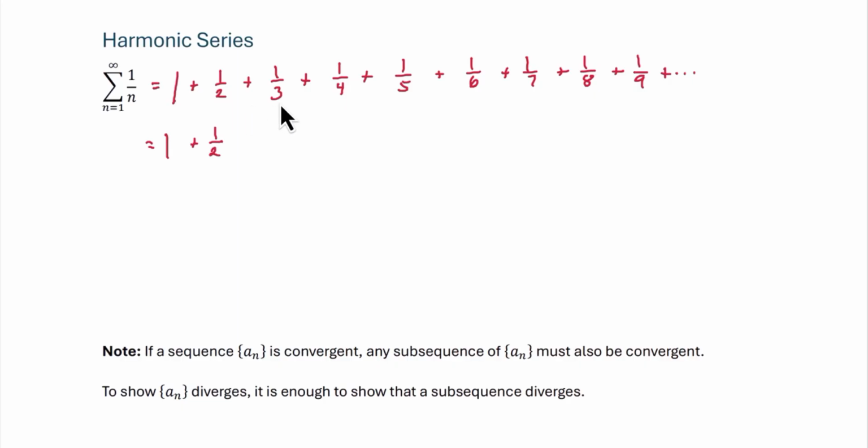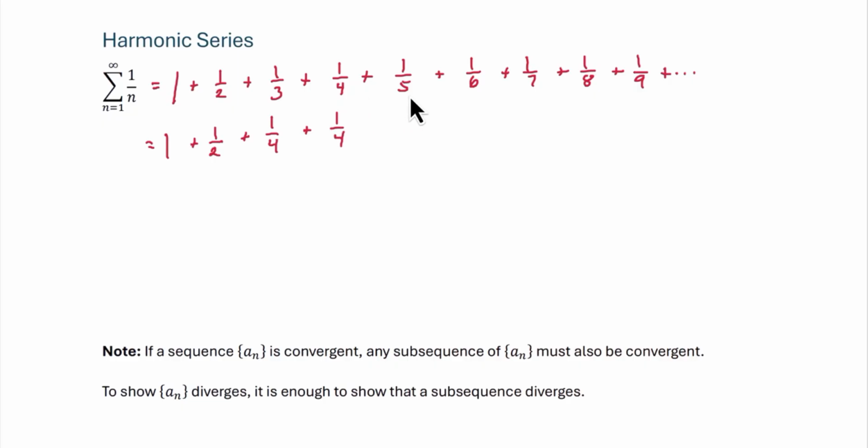And then for 1/3, we want to replace it again with the largest power of 1/2 that is less than or equal to 1/3. So we want to go smaller. What's smaller than 1/3 and a power of 1/2? 1/4. So we can replace 1/3 with 1/4. 1/4 is already a power of 1/2, so we'll copy down 1/4.